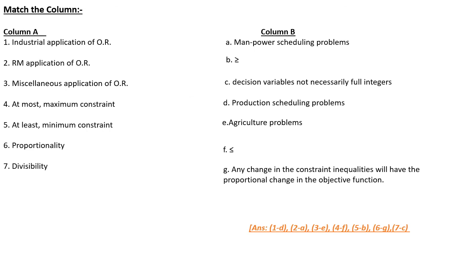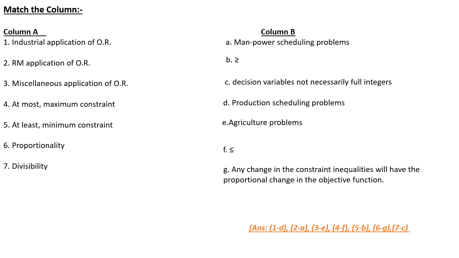Let's see some match the columns. Industrial application of OR. Correct option is option D, production scheduling problem. Manpower application of OR. Correct answer is option A, manpower scheduling problem. Miscellaneous application of OR.